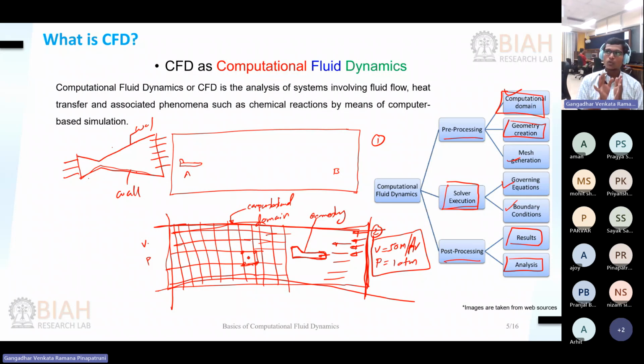Those are straightforward for a simple form of governing equations. If you have complex partial differential equations, you cannot solve them analytically for the whole flow field. You need to use numerical techniques. There are many of them: the finite difference method, finite volume method, finite element method, the spectral method, and so on.